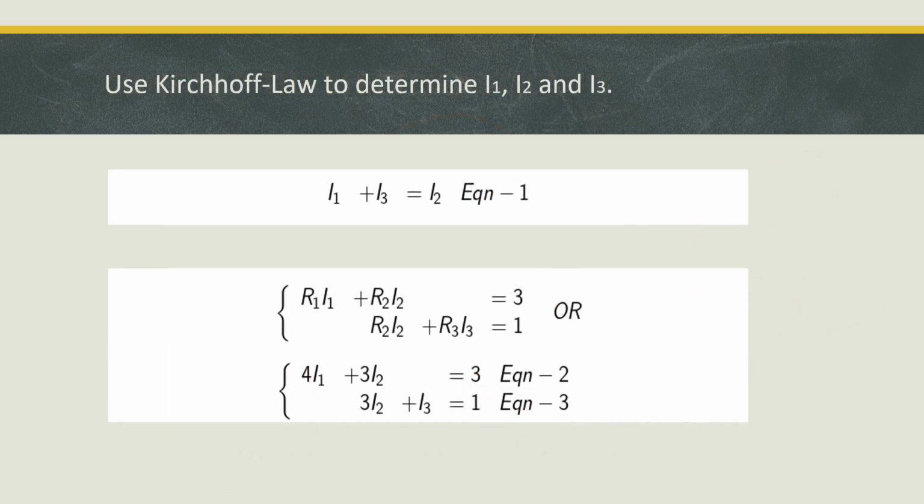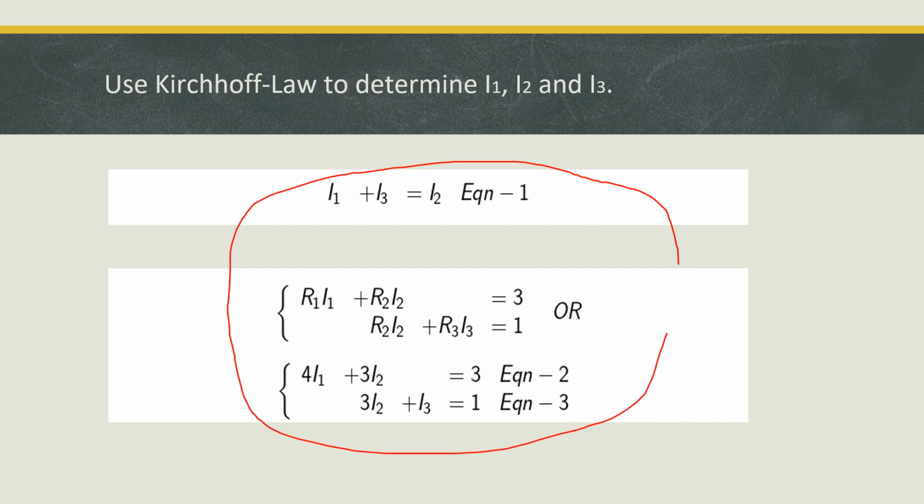So let's use the Kirchhoff law to determine I sub 1, I sub 2, and I sub 3. Based on what we did earlier, we get the equation 1, the equation 2, as well as the equation 3. And this is our formulated equation based on the given image.